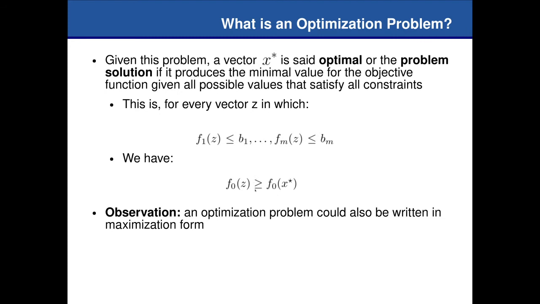It minimizes, as you can see here, for any other possible solution we can apply. This is the case of a minimization problem. We could rewrite all that formulation in maximization form. Of course, if I take this as my primal problem, the dual problem would be a maximization problem.